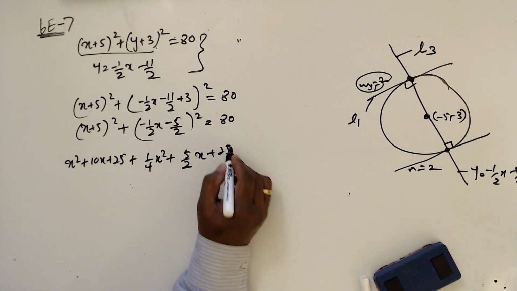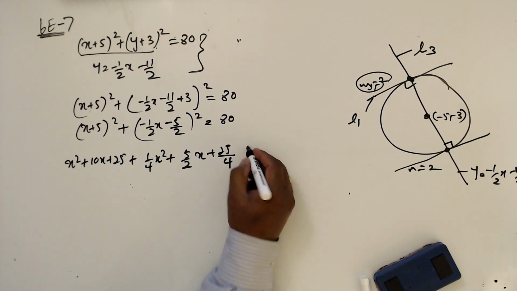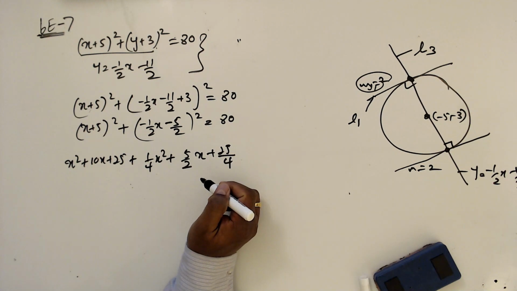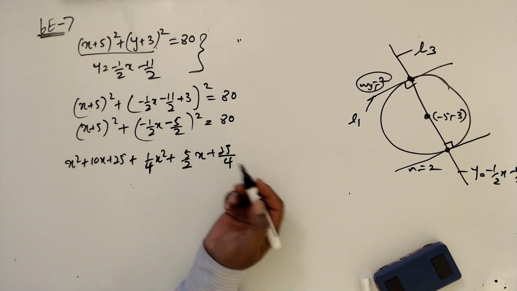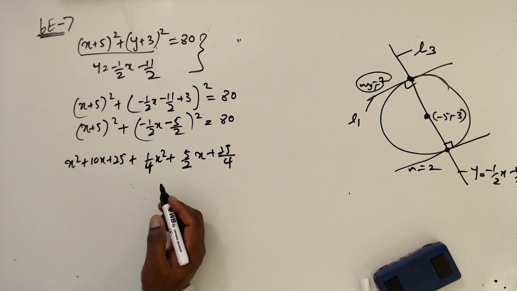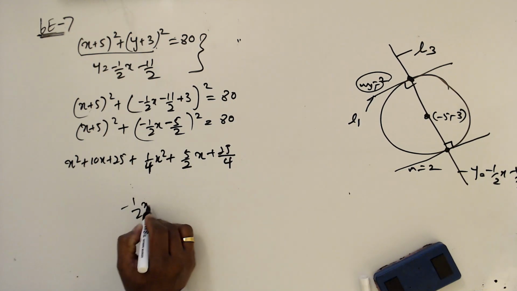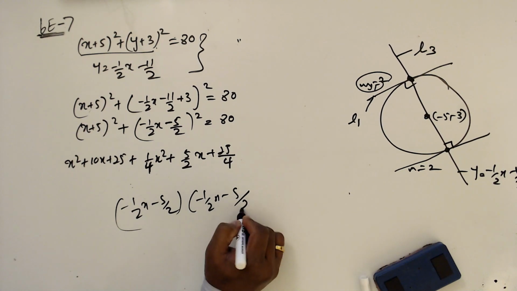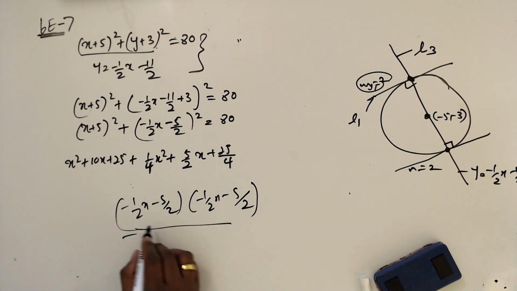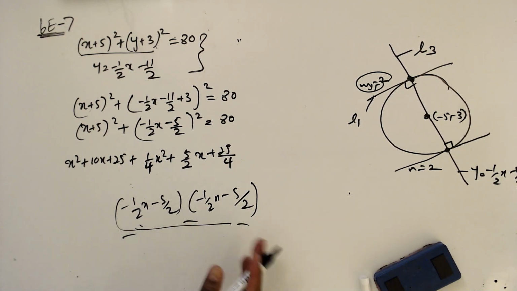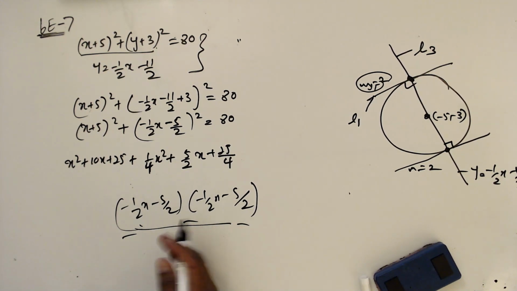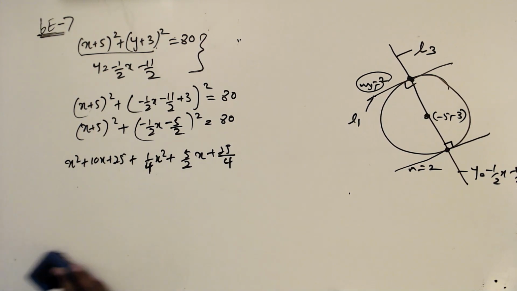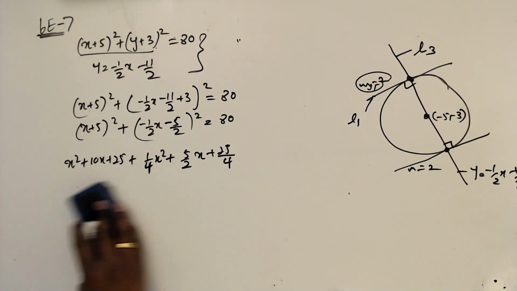plus 25 over 4. Now can you see that by looking at it I am expanding? That is the knowledge you should have. If you try to work it out like this, 2 times like this, then you will lose a lot of time, and you can't finish the paper. It is very time consuming.